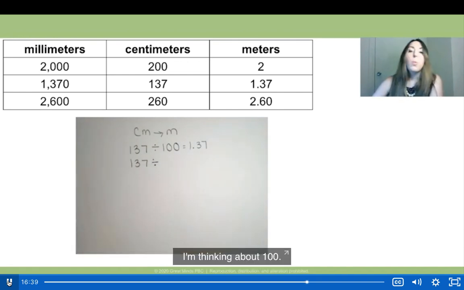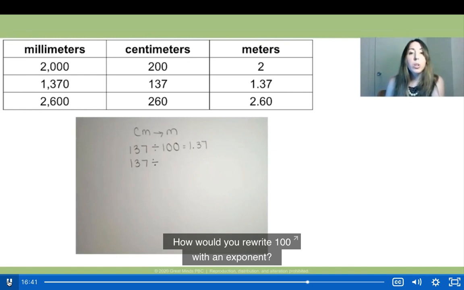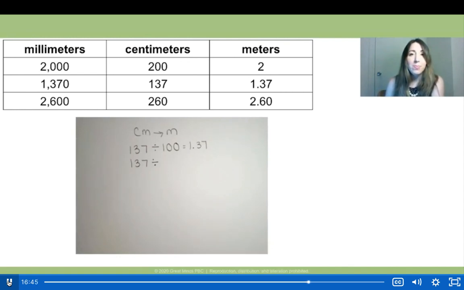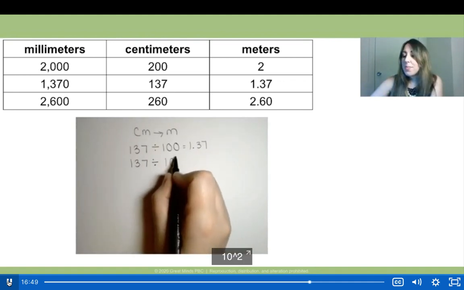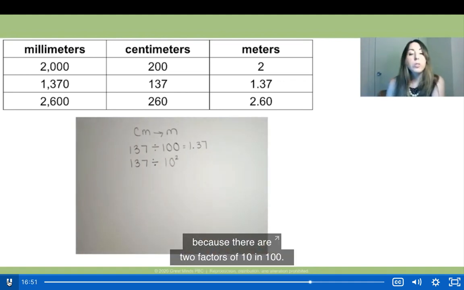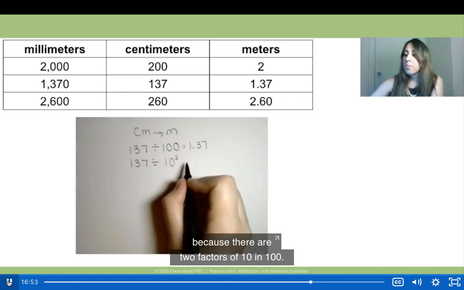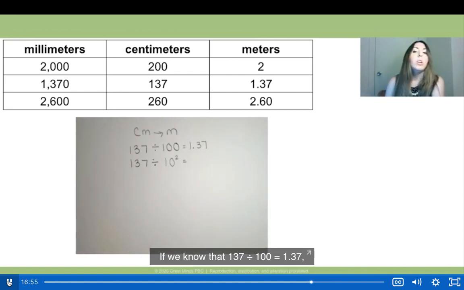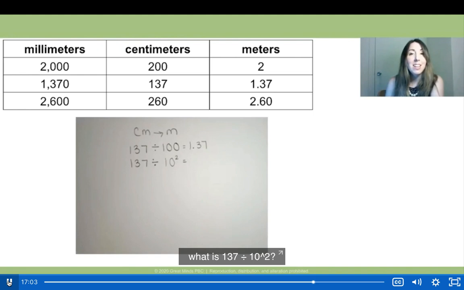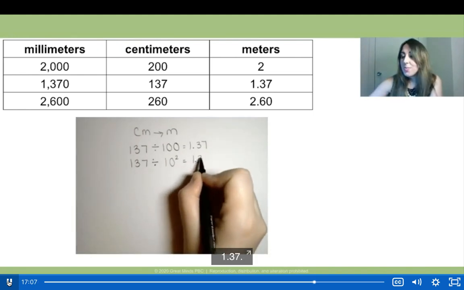I'm thinking about 100. How would you rewrite 100 with an exponent? 10 to the second power, because there are two factors of 10 in 100. If we know that 137 divided by 100 is equal to 1/3700ths, what is 137 divided by 10 to the second power? 1/3700ths.